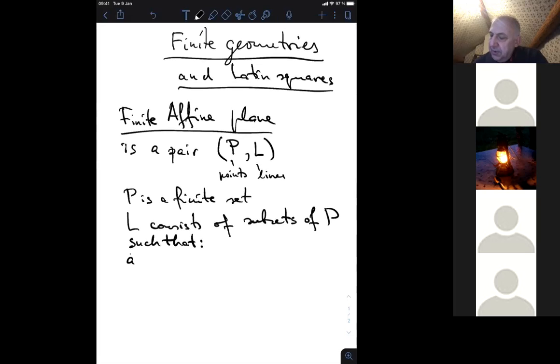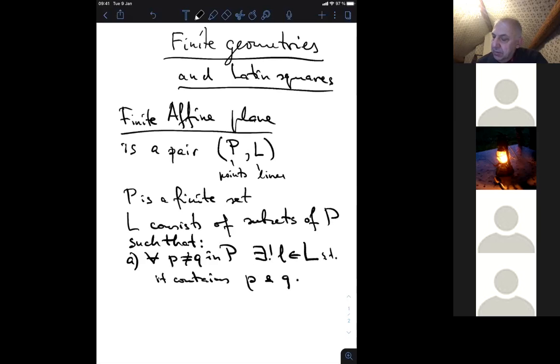So first of all, for any pair P not equal to Q in P, there exists a unique line L in the set of lines such that it contains P and Q. This is our first axiom.